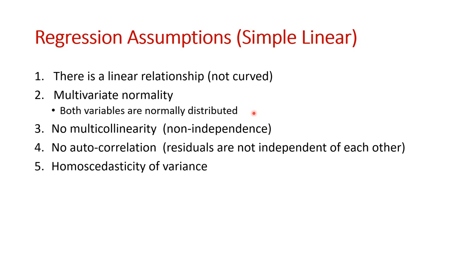Multivariate normality basically just means that both your x and your y variable come from normal distributions, or that your residuals have a normal distribution. No collinearity, meaning no non-independence, so 2 points aren't correlated or connected to each other, right? This is important, and if we don't have the correct experimental design, there's no way of getting around the non-independence.